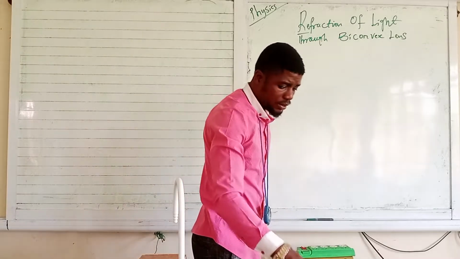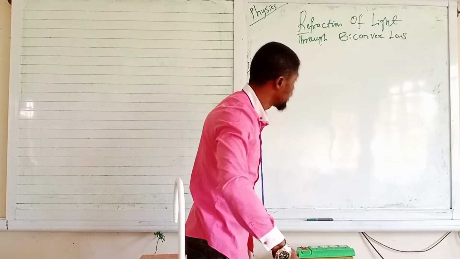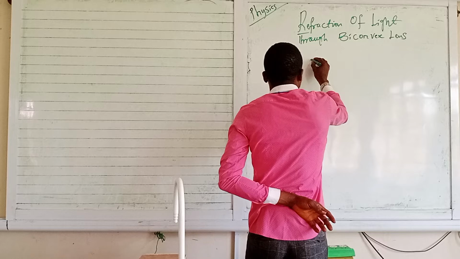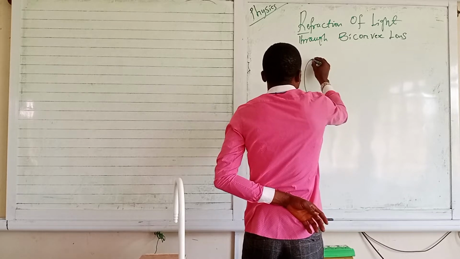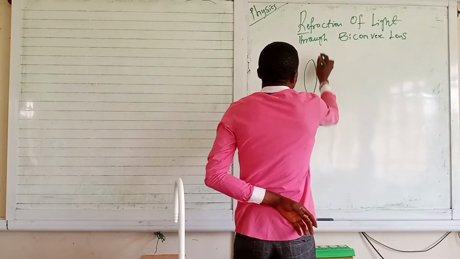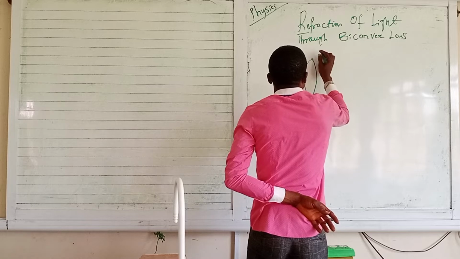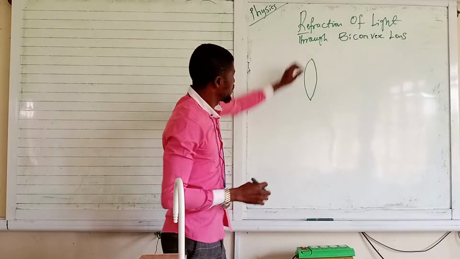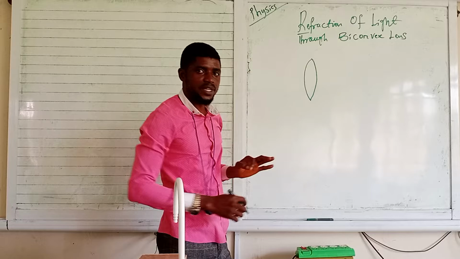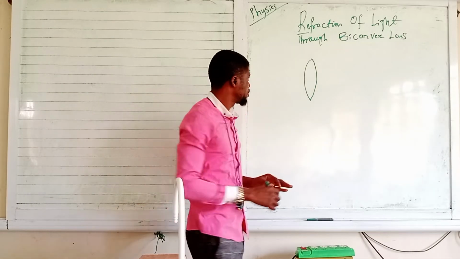The biconvex lens is thick at the center, and thin at the edge.